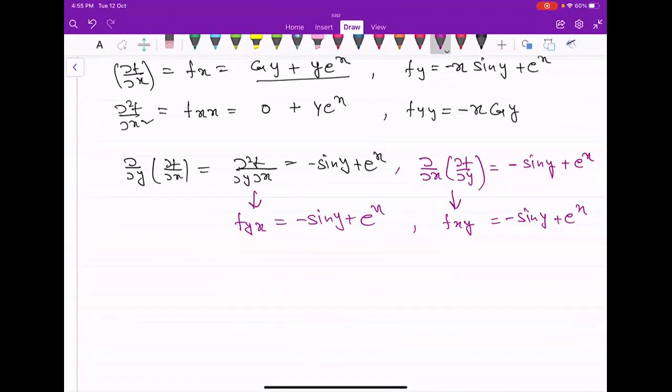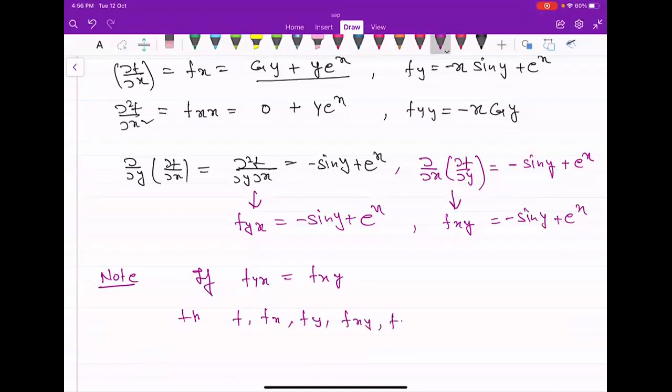Okay, so it is not always the case that fyx is equal to fxy. So just note down here: if fyx equals fxy, then fx, fy, fxy, fyx are continuous.